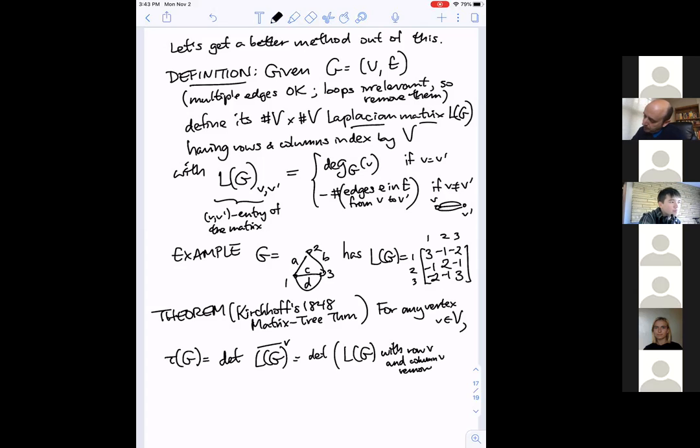And that's what I mean by this thing called the reduced Laplacian matrix. Okay, that's crazy. Let's try this on the next page.